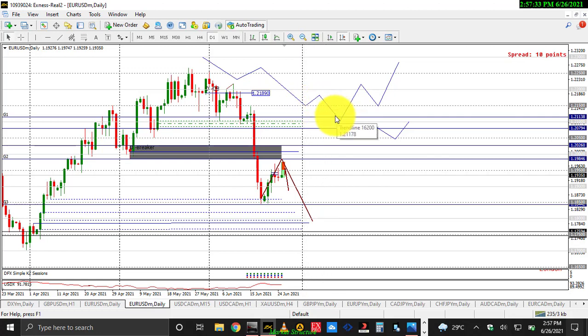So assuming price just came up to this side to create somewhere here, to create equal lows over here, and then it broke the market structure up here.